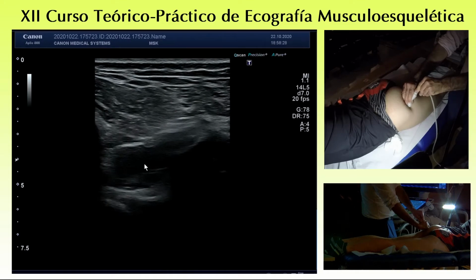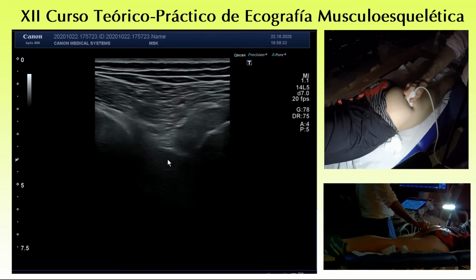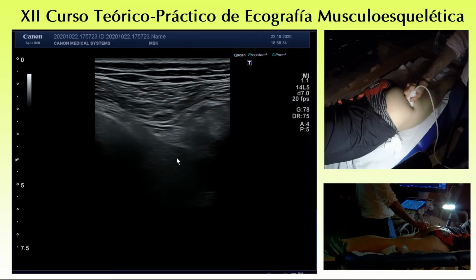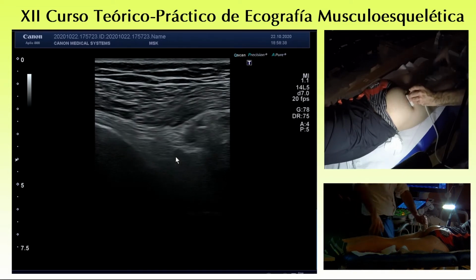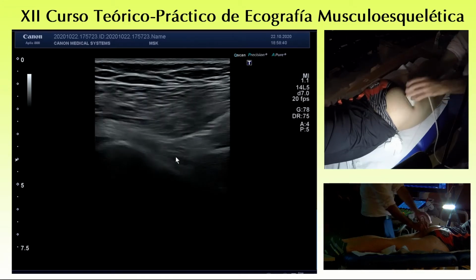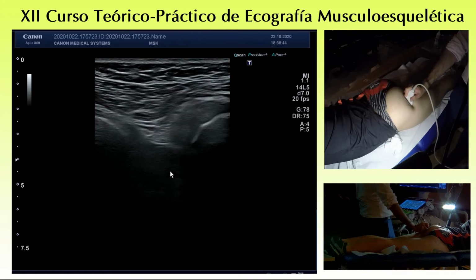Of course, it's difficult to perform the dynamic maneuver for ischiofemoral impingement because it's difficult to grab the leg and take it into a position. But if there is any bursitis, you can find that.